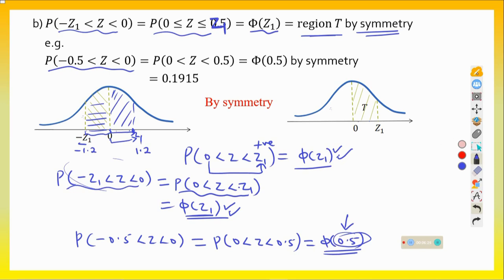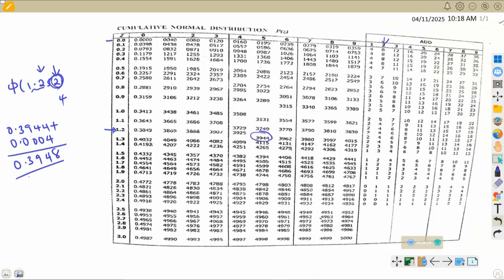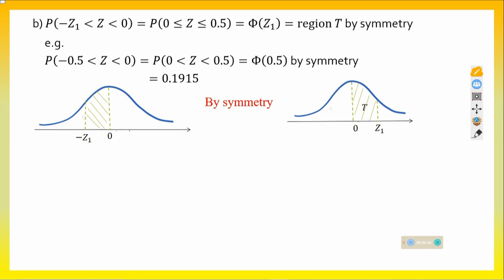If you go back to the table, 0.50 gives this value here, 0.1915. So that is the value we use instead of the negative value, because by symmetry, the probability from 0 to negative z1 is the same as the probability from 0 to z1.